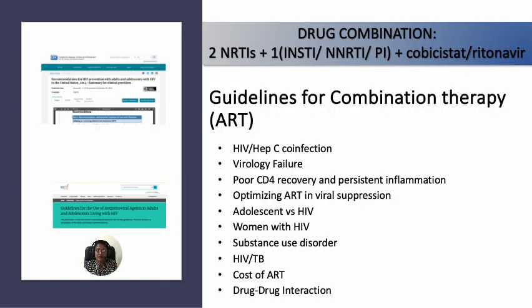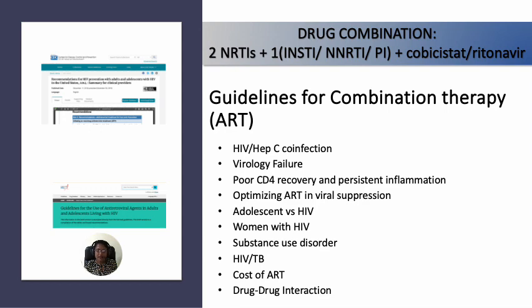According to the following publications of the CDC and HIV.gov, those pages on the side there, they issued guidelines for antiretroviral treatment, especially for treatment naive patients.